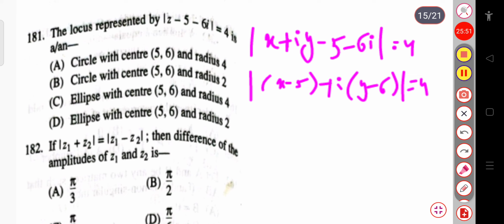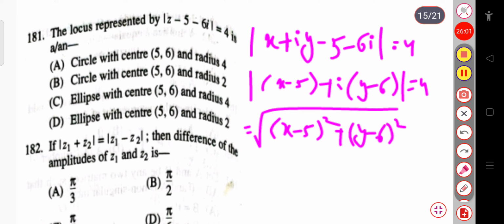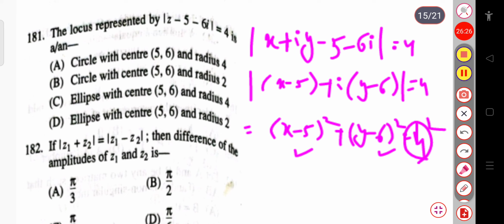So this is simply the square root of (x minus 5) whole square plus (y minus 6) whole square, equal to 4, or by removing the root, equal to 4 square. Now it is in the form of a circle equation, the circle with center 5 and 6, that is the x and y values are 5 and 6, and the radius you can see will be 4. So this one is our correct answer.